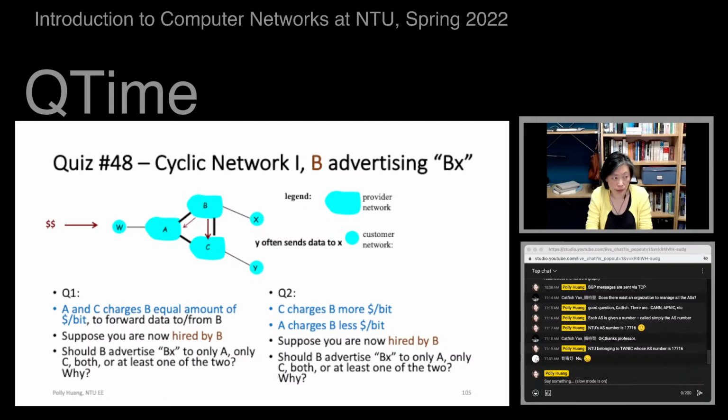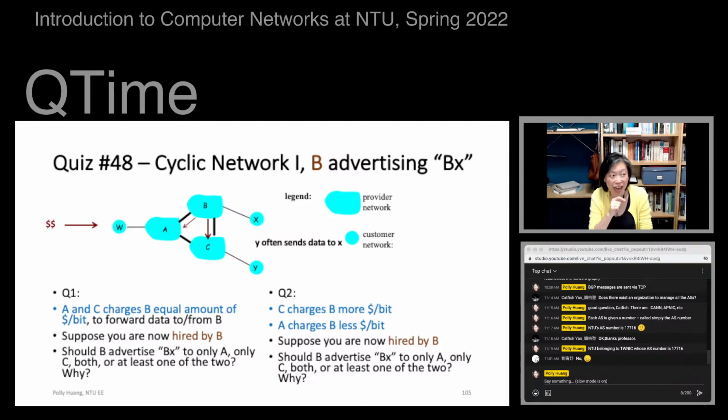Q2 is asking, so as I'm drawing the arrows, right, pointing from B to A, B to C, one is thicker than the other. That means in case C charges B more per unit data, A charges B less per unit data.